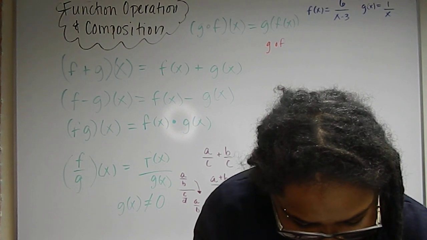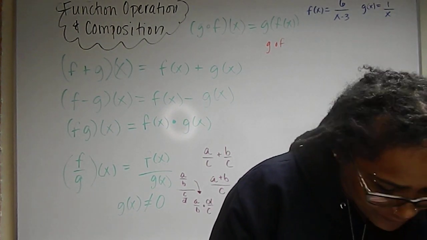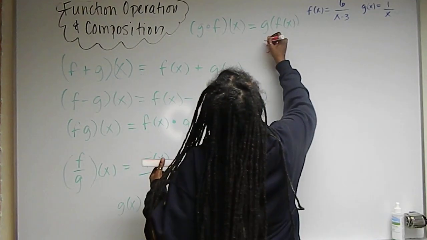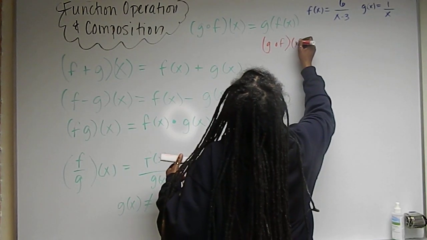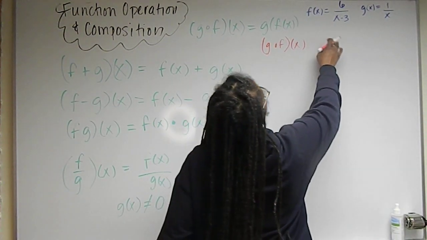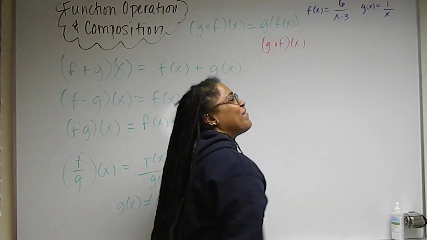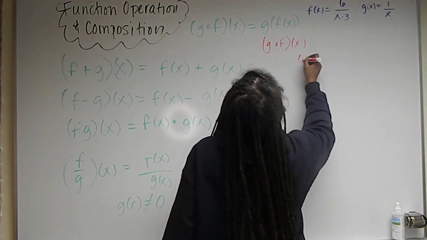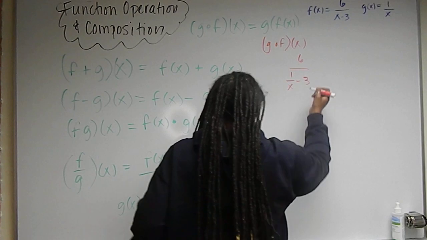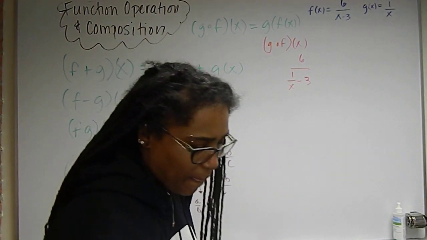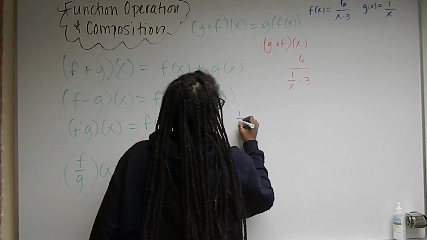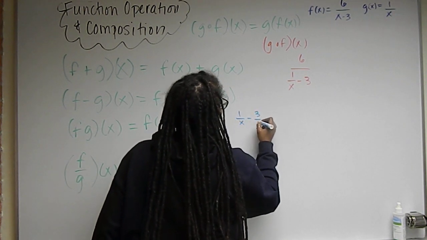I'm running out of time. We already did f of g. Yes, we need g of f. Okay. So I was right then. Oh my god. F of x. My bad. 6 over 1 over x minus 3. Okay. So like I was working off to the side. 1 over x minus 3 over 1.